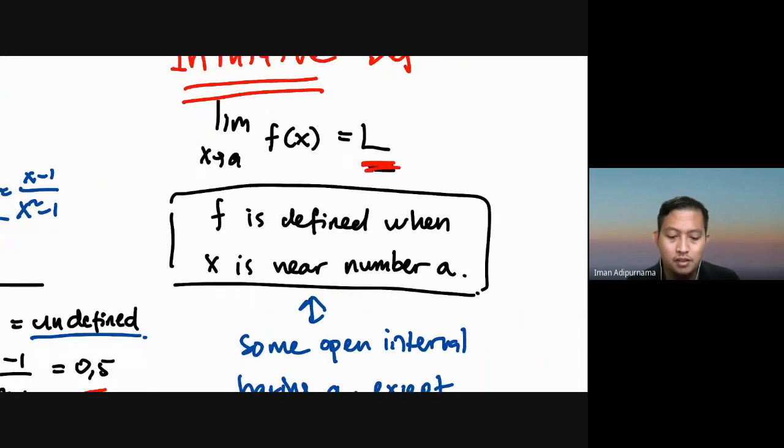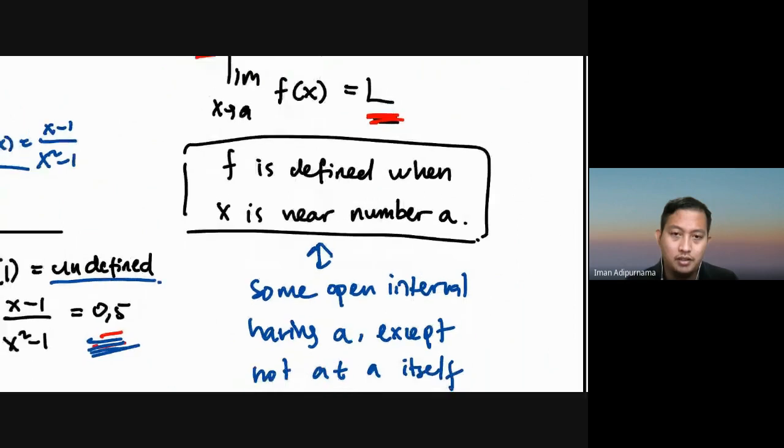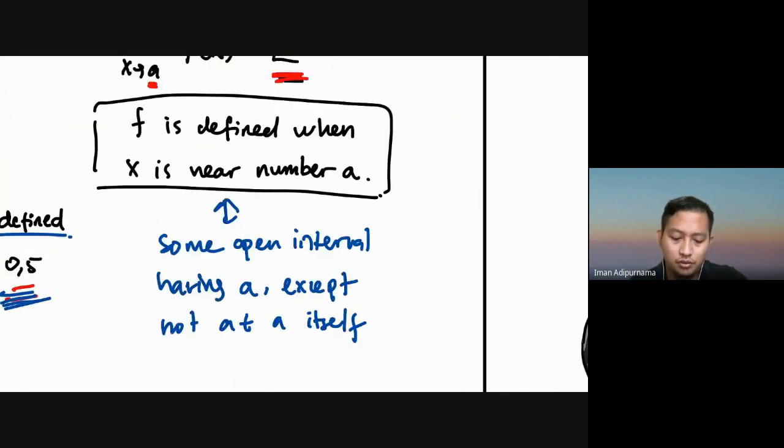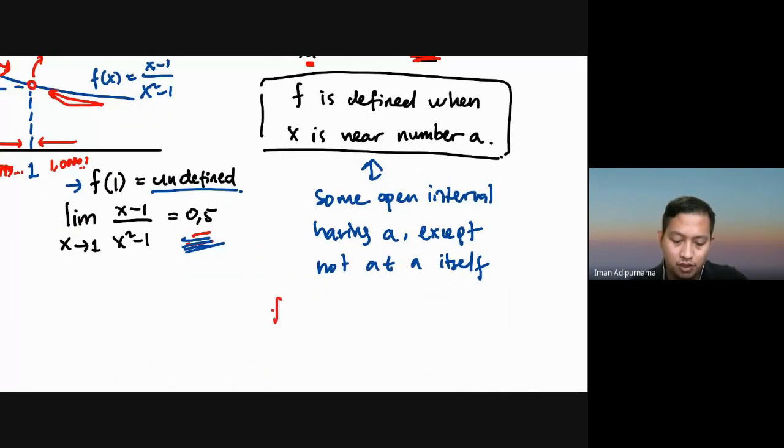Of course, in limit, like I said previously in the course, the A itself, when you put it into functions, like f of A, can be undefined.